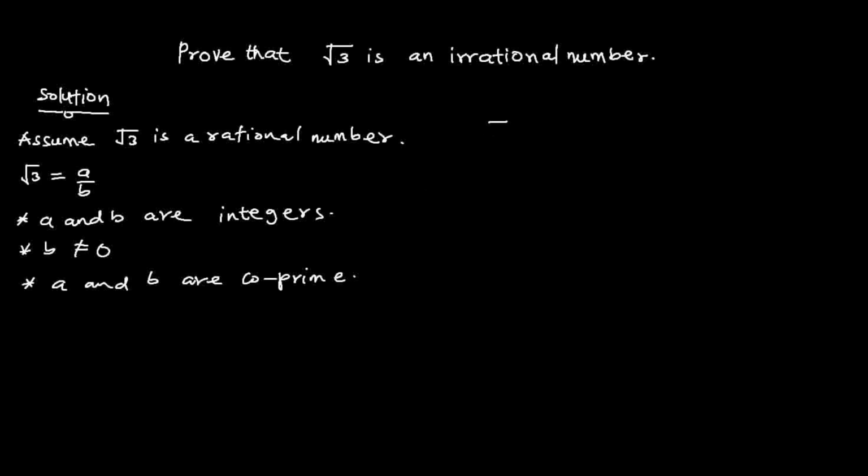So from square root of 3 equals a over b, I'm going to do cross multiplication. So I have square root of 3 multiplying b to be equal to a. So from here, I'll square both sides and then we'll continue. So this will give me 3b squared equals a squared.